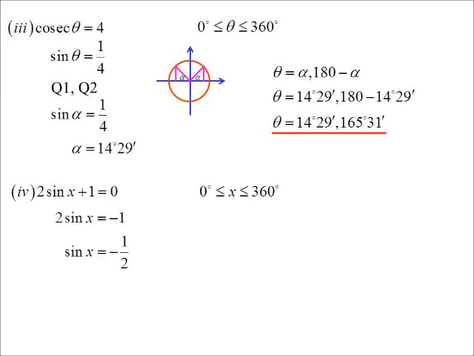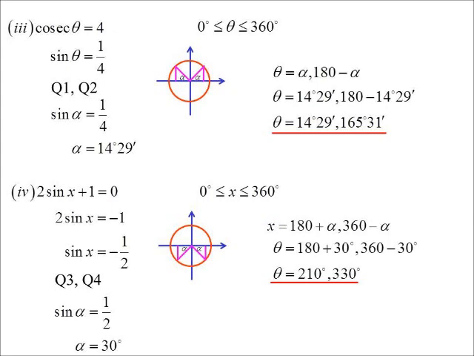So we get sine x is negative a half, then we can go and find x. Third and fourth quadrant in this case, since sine's negative. My acute angle would be 30 degrees. So it's going to be 180 plus the acute angle, or 360 minus the acute angle, and we get 210 or 330.